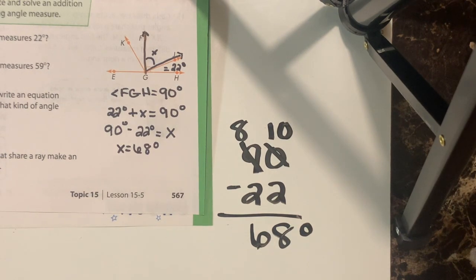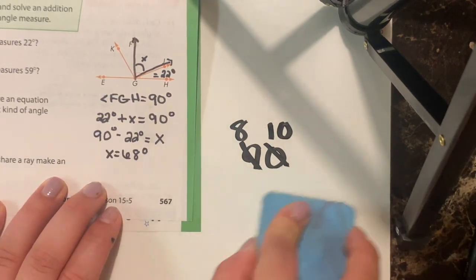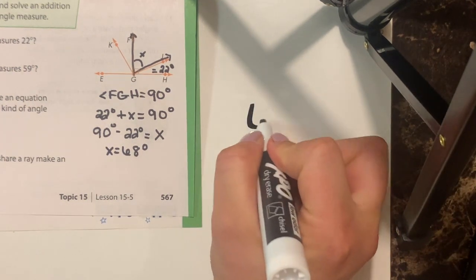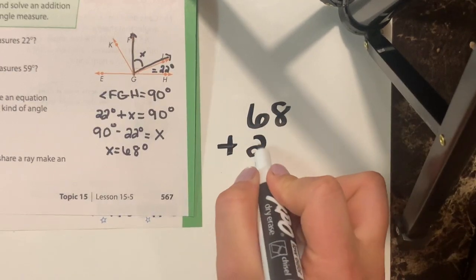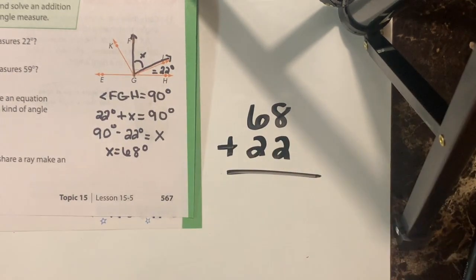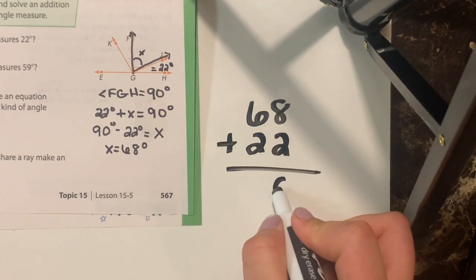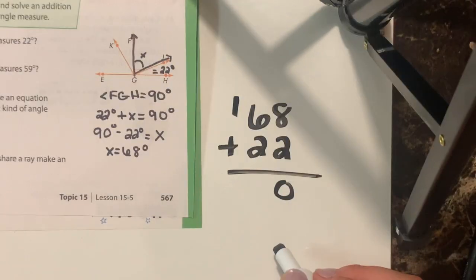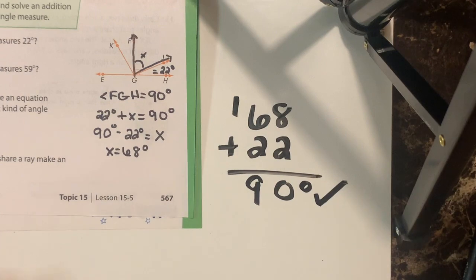Now, we always want to check our work, so I can add 68 plus 22 to see if it equals 90, to make sure that I subtracted the correct way. 8 plus 2 is 10, so I put my 0 here and carry the 1. And 6 plus 2 is 8, plus 1 is 9. So it's 90, I checked my work and it worked.